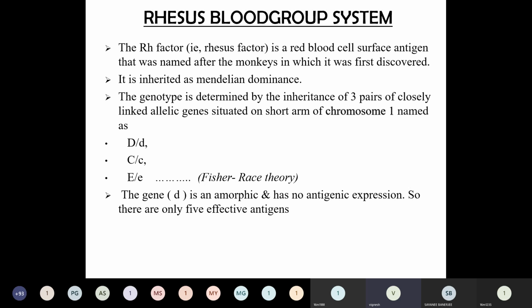This is by the Fisher-Race theory. The gene small d is an amorph and has no antigenic expression. So there are only 5 effective antigens, that is the capital D, capital C, small c, capital E, and the small e, which are taken into consideration for discussion of the blood group system.